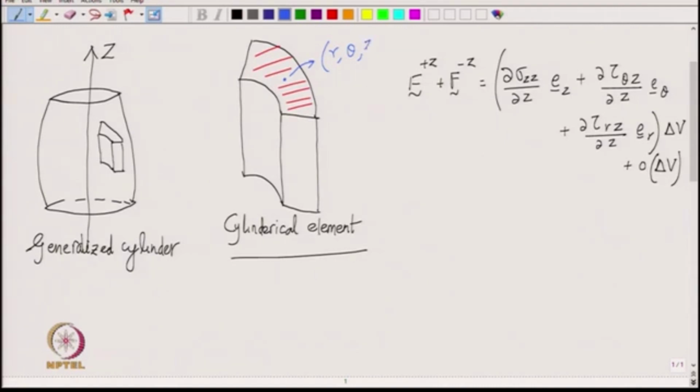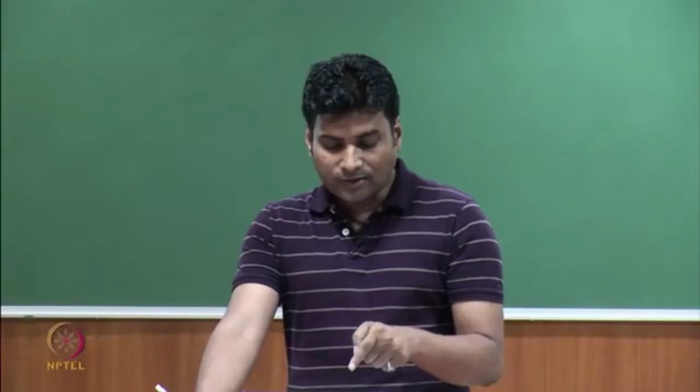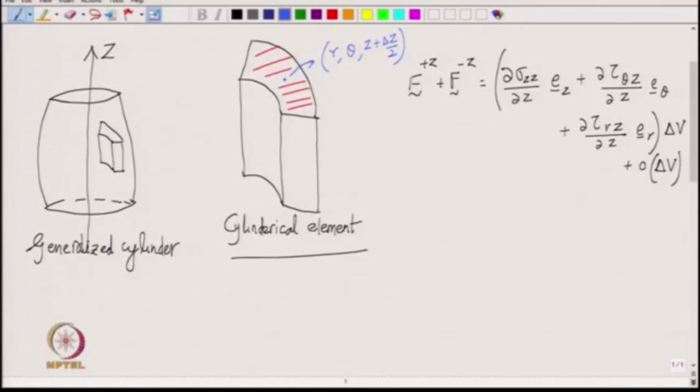So, this is at z plus delta z by 2. Likewise, on the negative z plane, the center of the negative z plane would be at r theta z minus delta z by 2, is not it. So, let us evaluate what is the traction on the top point, for example, here. So, what is the traction here?